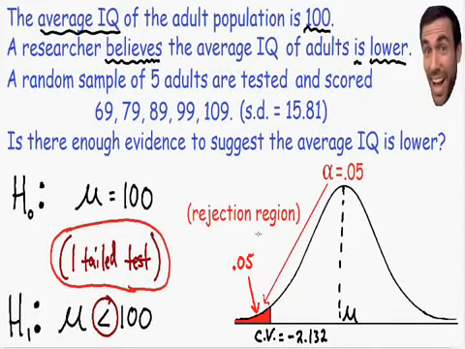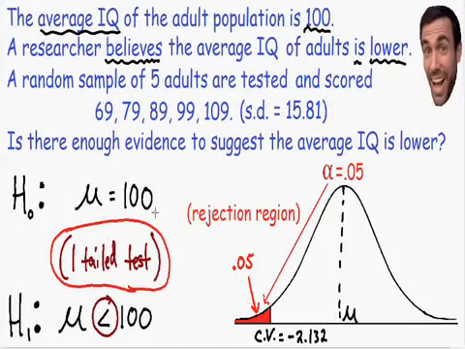And the reason why this rejection region is so important is because in our next step, we're going to perform a test, and we're going to get a t-value in our test. If this t-value happens to fall in this rejection region, that means we can reject our null hypothesis. Our null hypothesis says that the average is equal to 100.